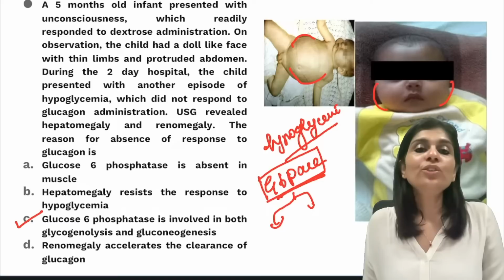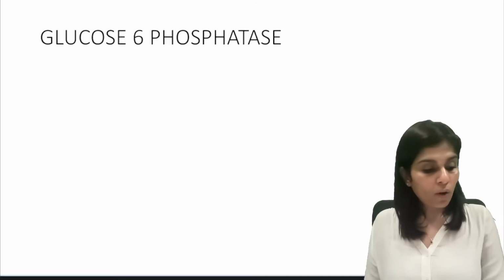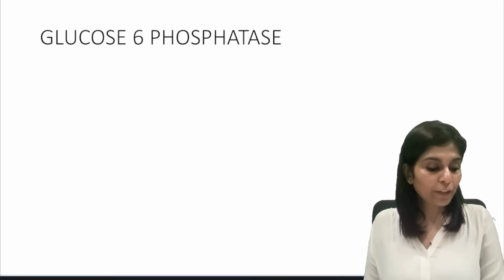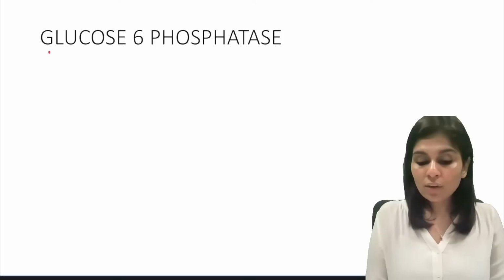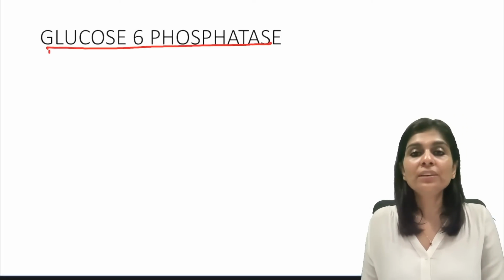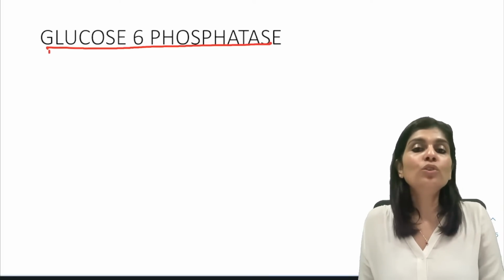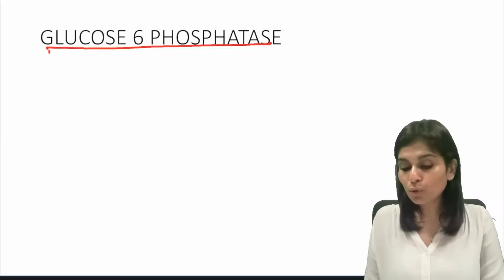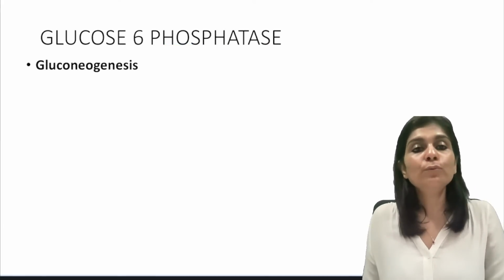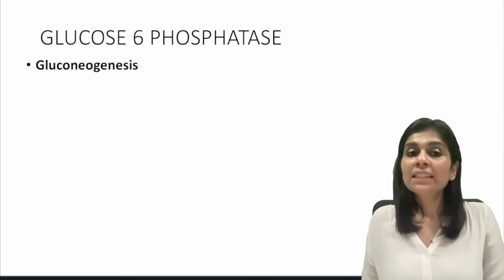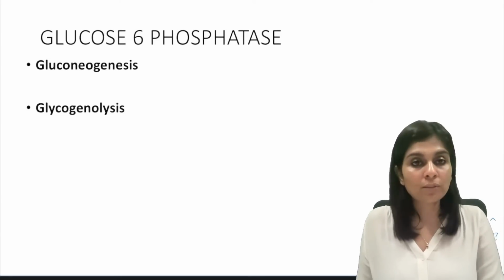But now I am going to tell you all about von Gierke's disease. It's caused by the defect of which enzyme? Glucose 6-phosphatase. In biochemistry, you must have been taught that glucose 6-phosphatase is an enzyme of gluconeogenesis. But today I want you to understand that it is also necessary for glycogenolysis to increase plasma glucose.